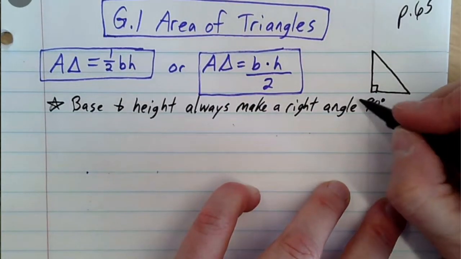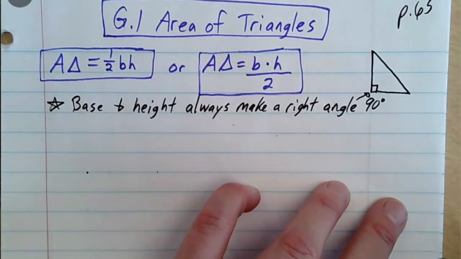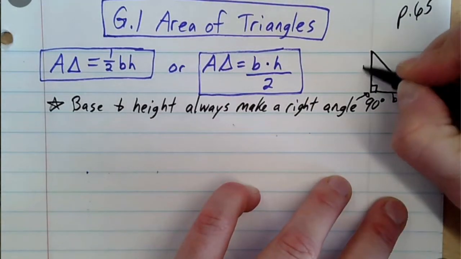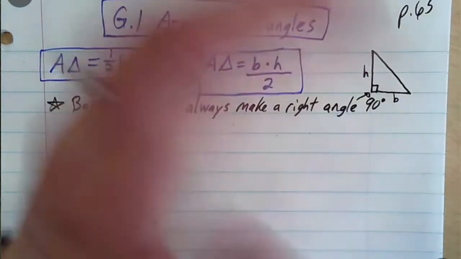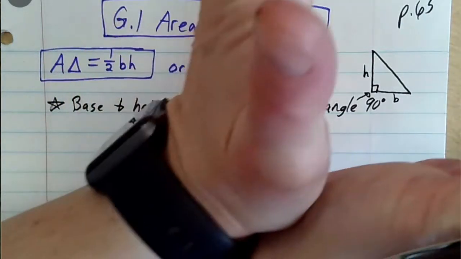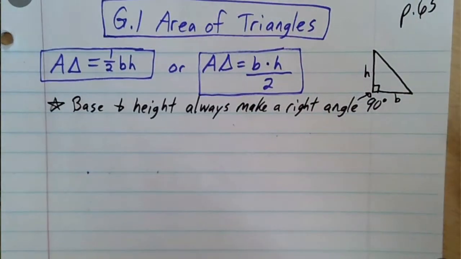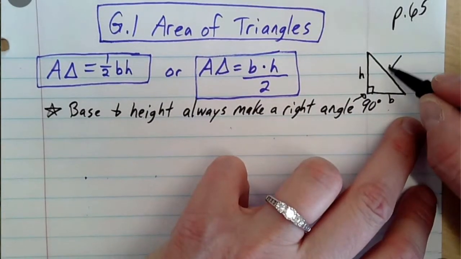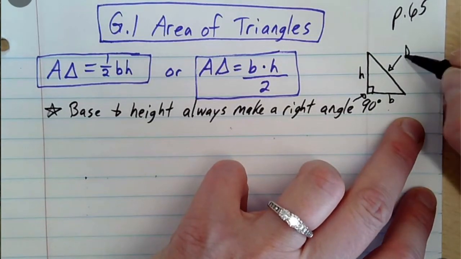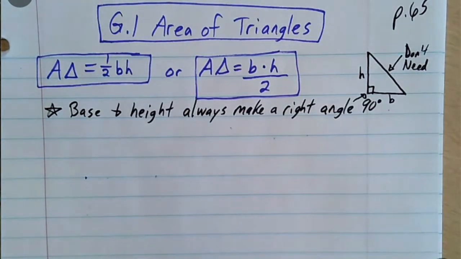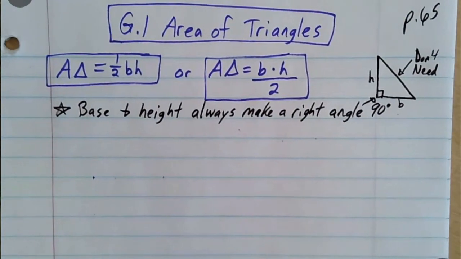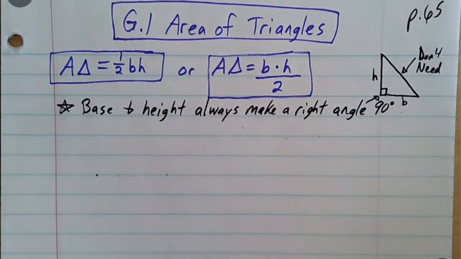So this is what we're calling a right angle, the 90-degree sign. Your base and your height, they meet right here at this corner. So you can also put your hands like that and make a base and a height with your hands. You will never really need this diagonal. You just need your base and your height. That's how you find area of a triangle.